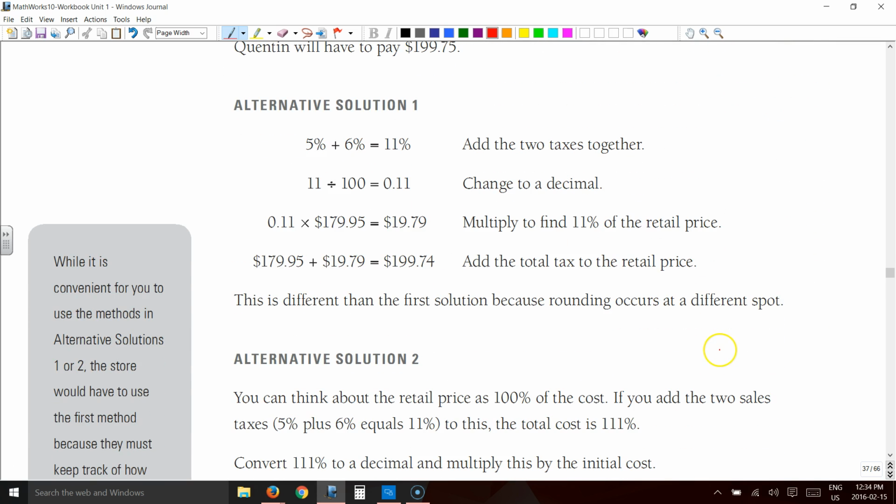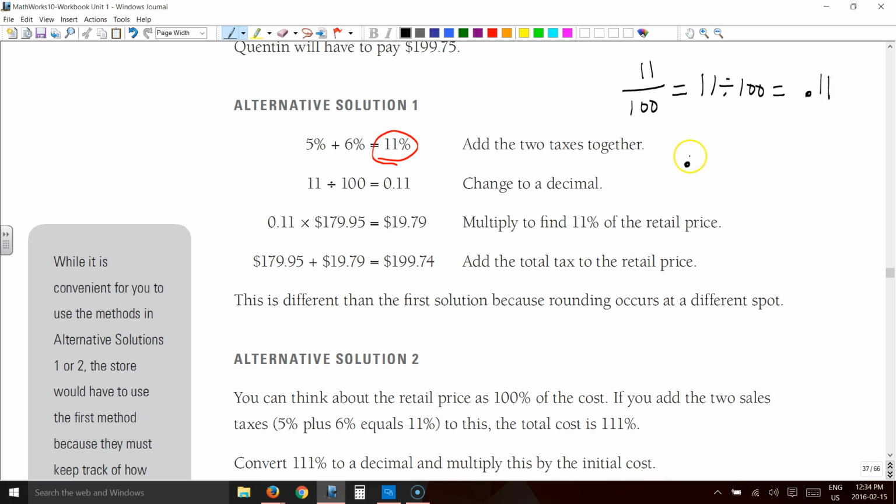So they're saying add the two taxes together, and this is faster. Instead of calculating 5% and 6% separately, they are calculating a total of 11% tax. So we just do the previous step again. We take 11%, and in decimal, 11% is 11 divided by 100, which is the decimal equivalent of 0.11.